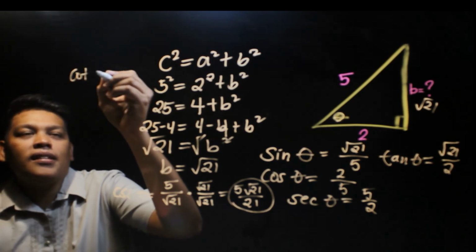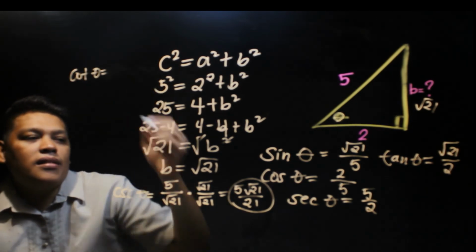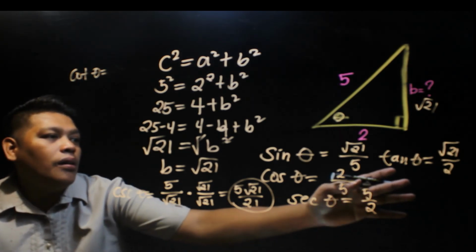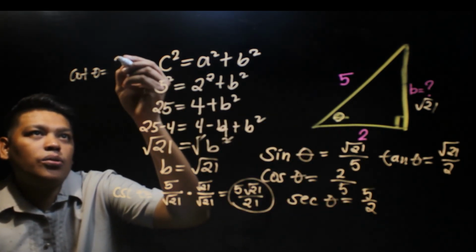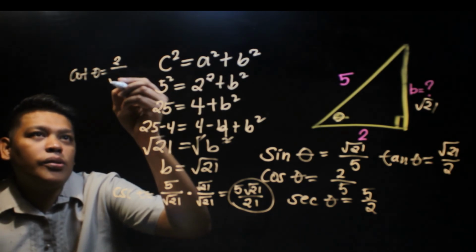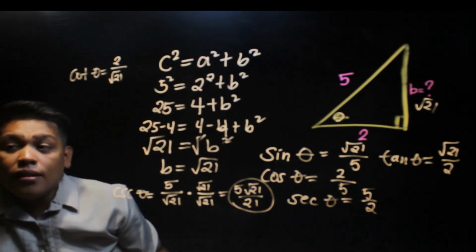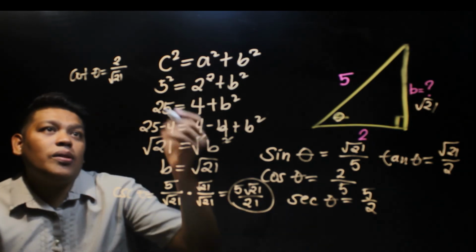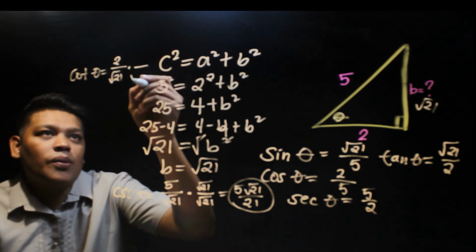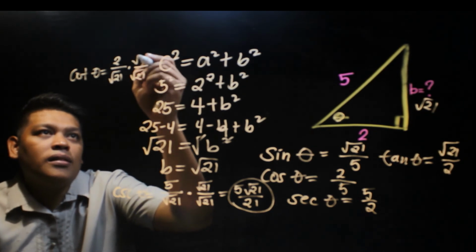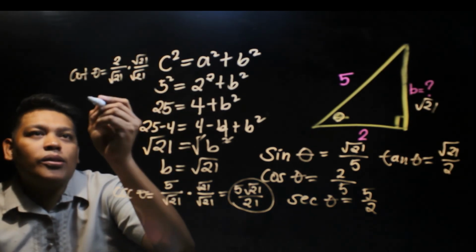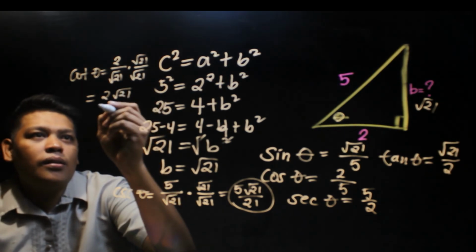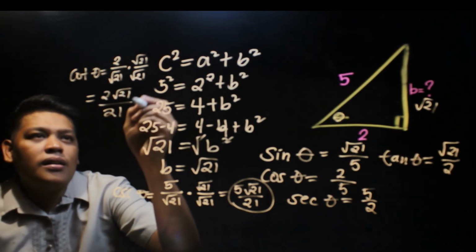Cotangent theta is the reciprocal of the tangent theta, which is 2 over square root of 21. Again, we need to rationalize the denominator. We multiply by square root of 21 over square root of 21, so it becomes 2 square root of 21 over 21.